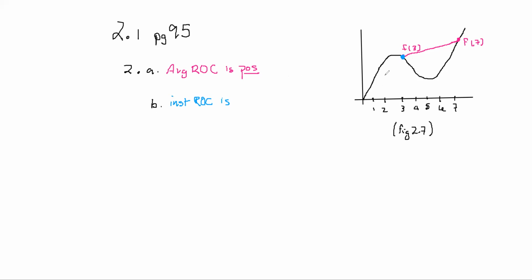Because it's decreasing? Yep, right at f of 3. If we go to like f of 3.1, it's going to get smaller. And so f of 3 is on its way down. So right at f of 3, the instantaneous rate of change is going to be negative.